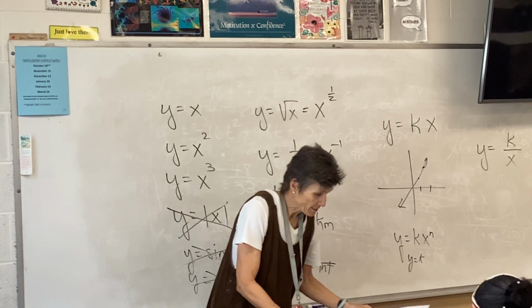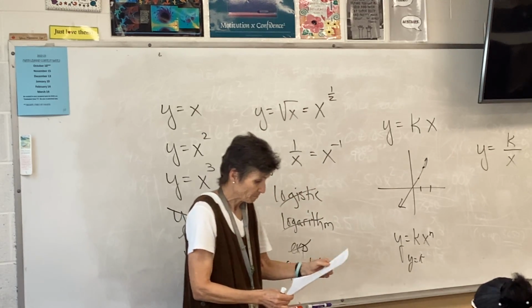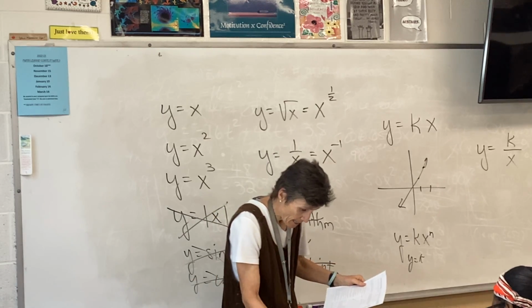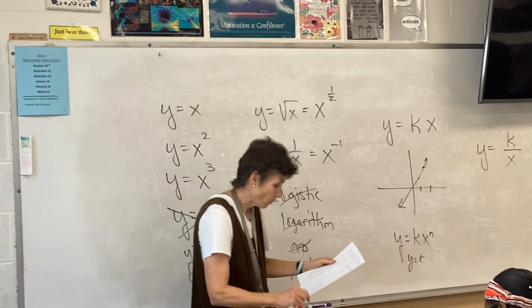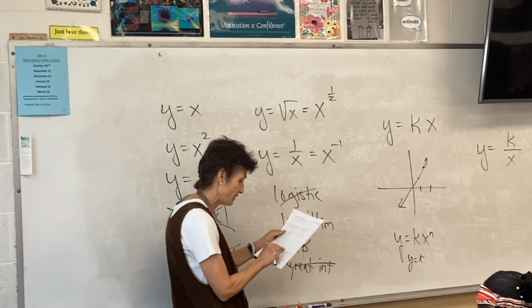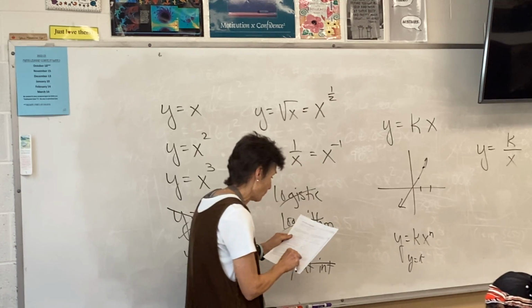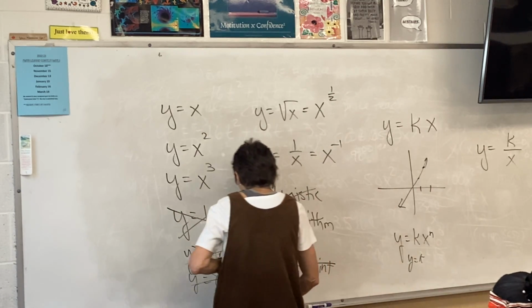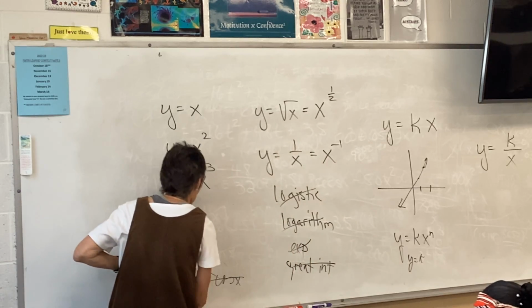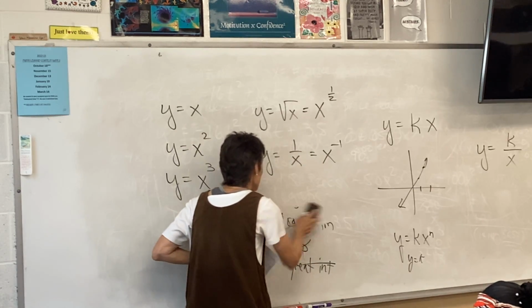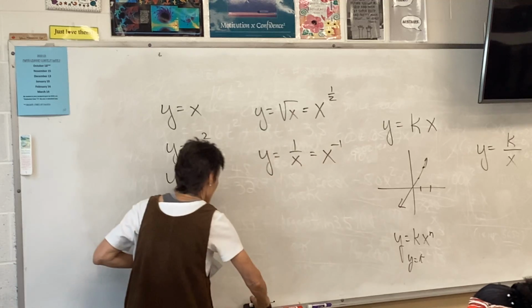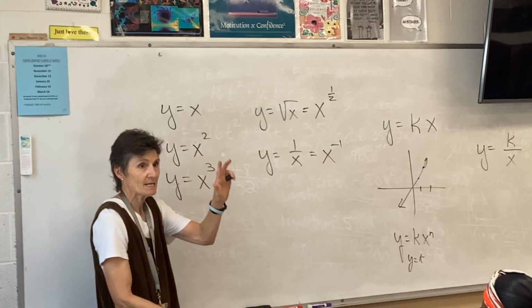All right, now let's look on page 197. And we're starting with problems 37 to 42. Do not be confused. I want you to notice something that you already know.